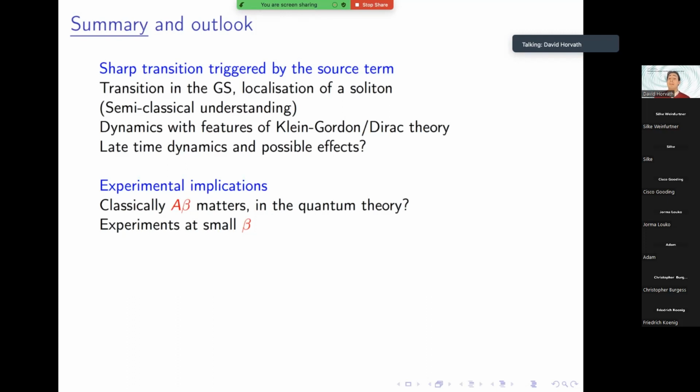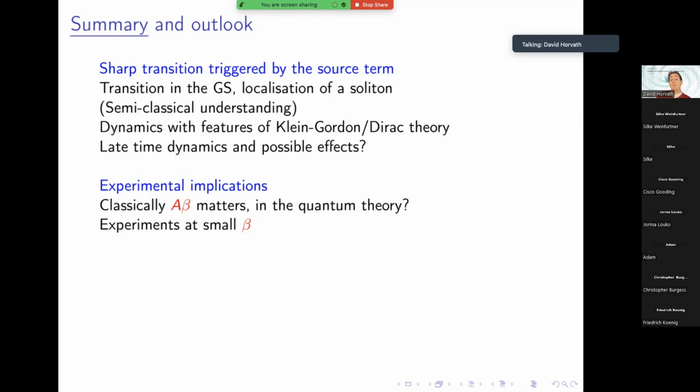It is due to the enhanced soliton anti-soliton content, which is triggered by the external inhomogeneity. And when we looked at the dynamics after the quantum quench, we had another perspective on this phenomenon, which was more in terms of bosonic and fermionic degrees of freedom of the theory.